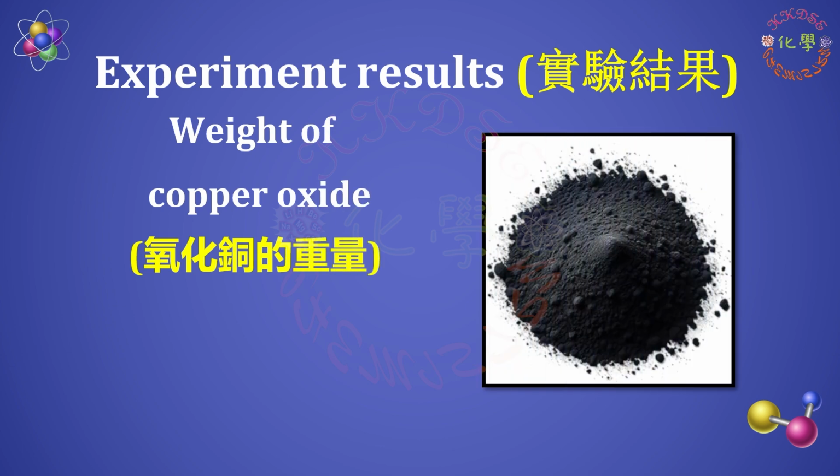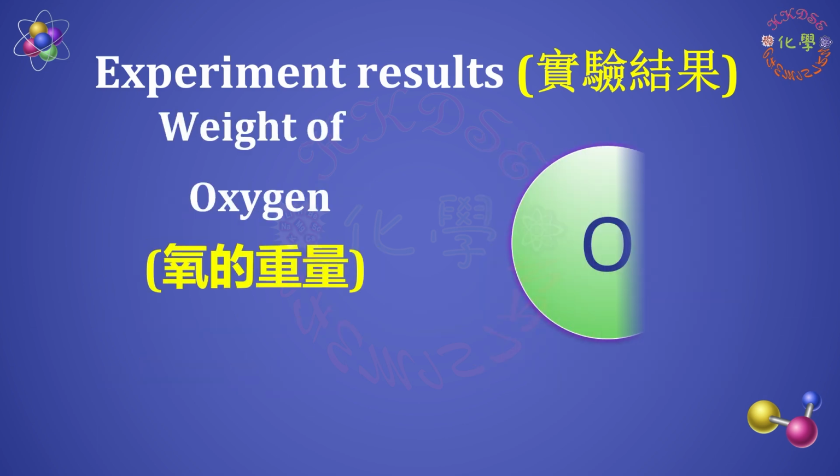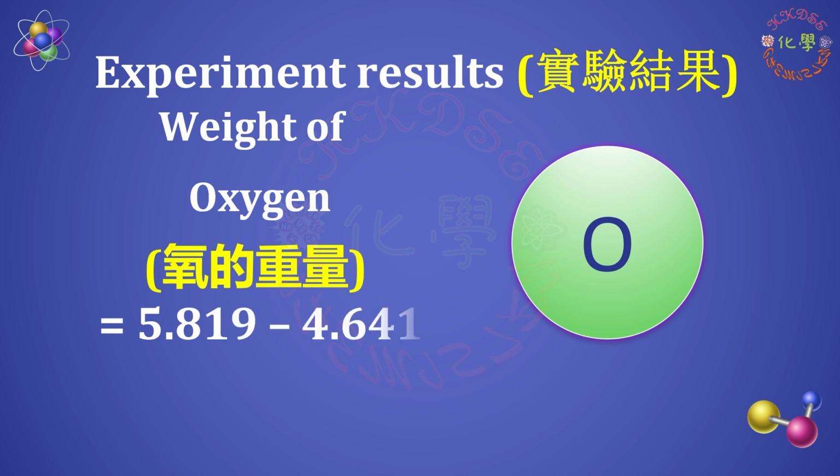So, mass of copper oxide is 20.532 minus 14.713 equal to 5.819 gram. Mass of oxygen is 5.819 minus 4.641 equal to 1.178 gram.